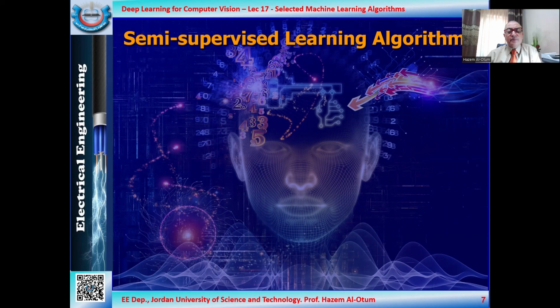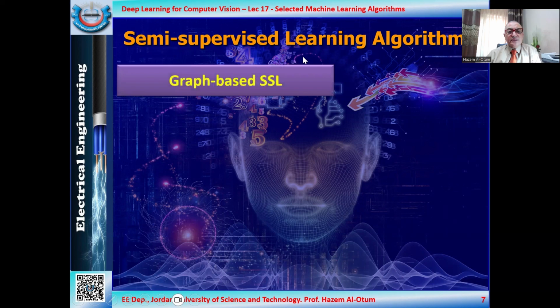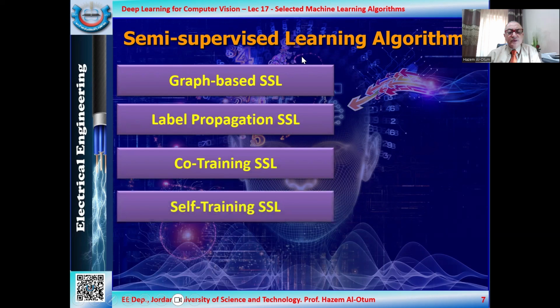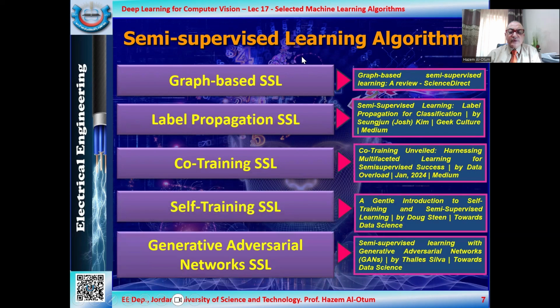In this case, we may label a part of the data set and leave the other part unlabeled, and we can use the supervised part to let the algorithm learn for the unsupervised part, and this leads to what we call the semi-supervised learning algorithm. Examples of that are graph-based SSL, label propagation SSL, co-training SSL, and self-training SSL. As you see, semi-supervised learning is based on these types.